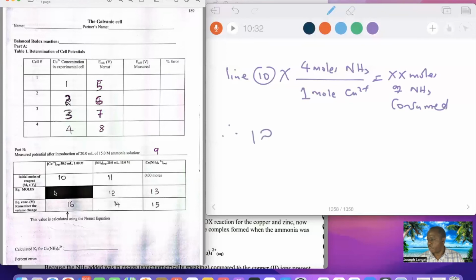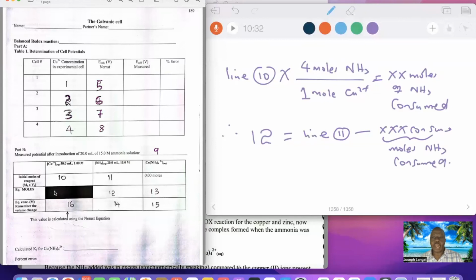Therefore, line 12 is given by line 11, what we started with, minus x, the moles of NH3 consumed.